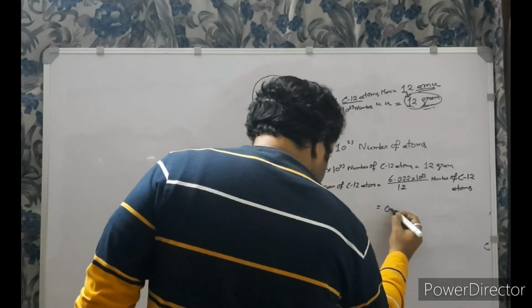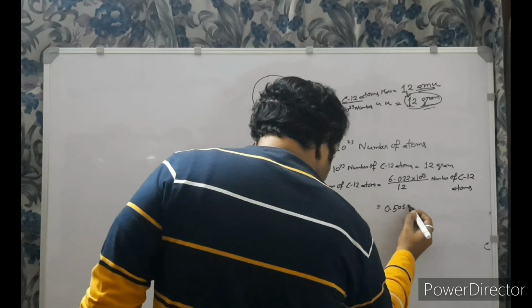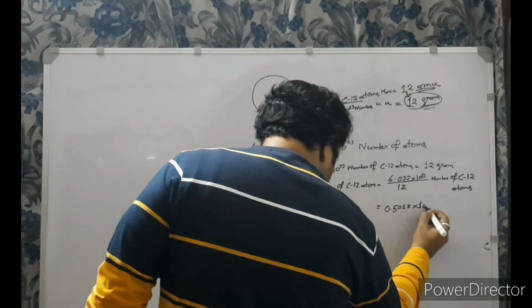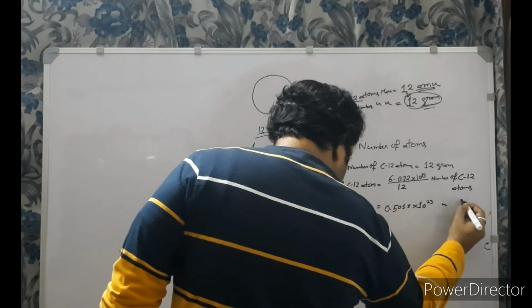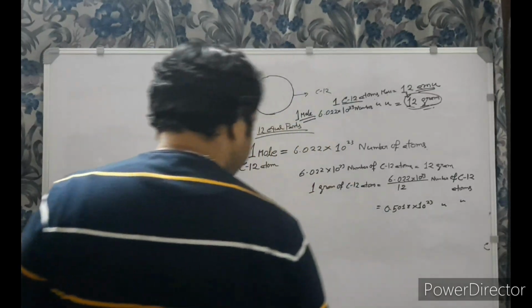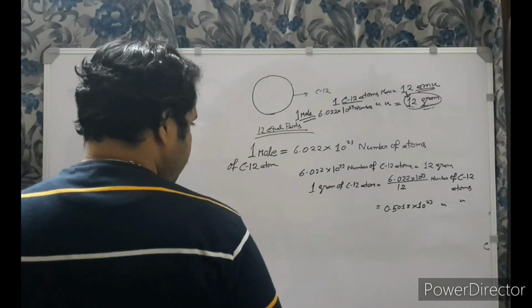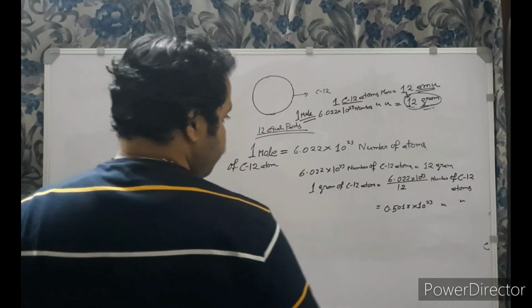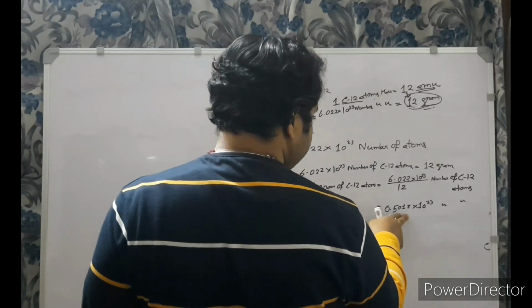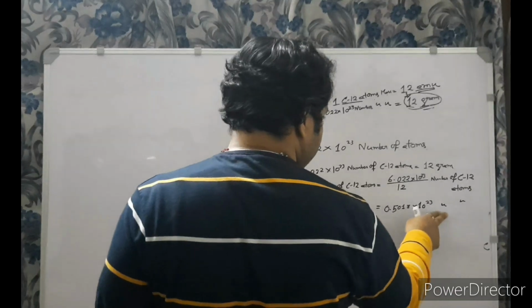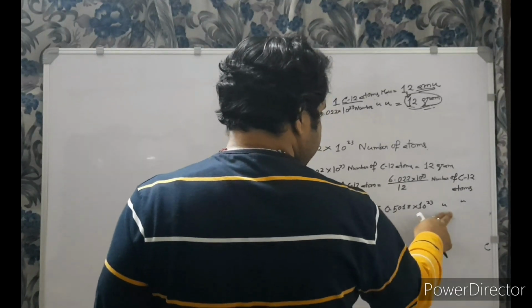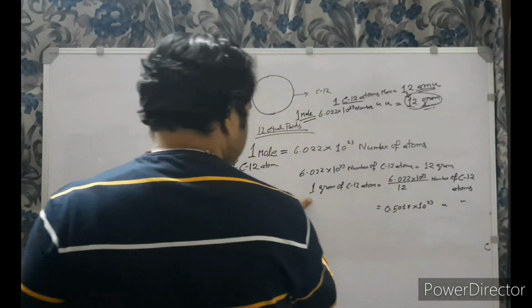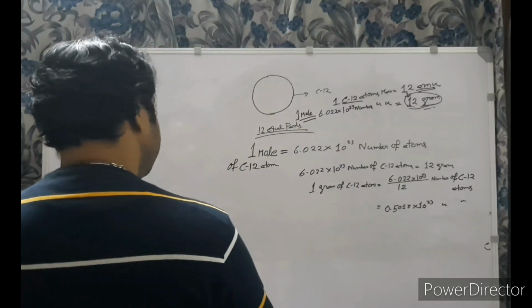It gives 0.5018 into 10 to the power 23 number of carbon 12 atoms. This is 1 gram of C12 atom. If we gather 0.5018 into 10 to the power 23 number of C12 atoms, it will give us 1 gram of C12.